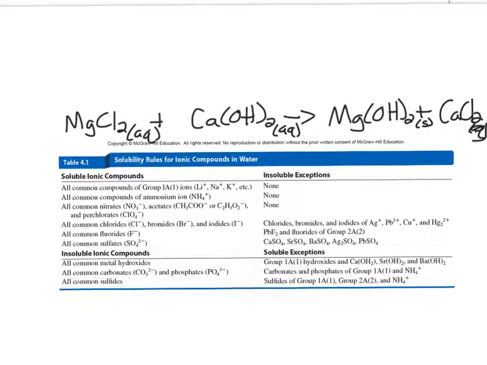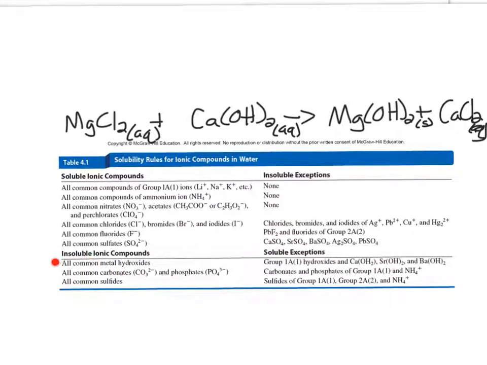Okay, so chlorides. I have a rule for chlorides. It says all common chlorides are soluble except for chlorides with silver, lead, copper, and mercury. Magnesium is none of those exceptions, so this is soluble. It gets the aq. Calcium is none of those exceptions, so this is soluble. It gets the aq. All common hydroxides are insoluble.